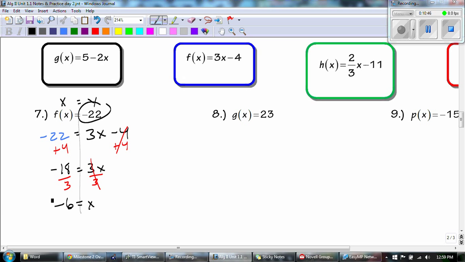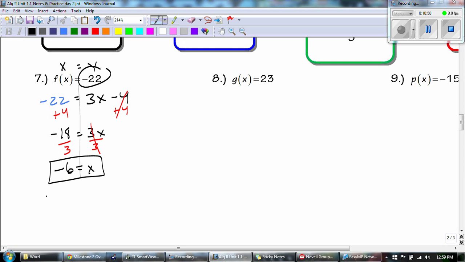So there's my answer, but if I'm asked for function notation, we would say f of negative 6, because that's my x, equals negative 22, which is our y. I don't know which one they want, so we got both answers.